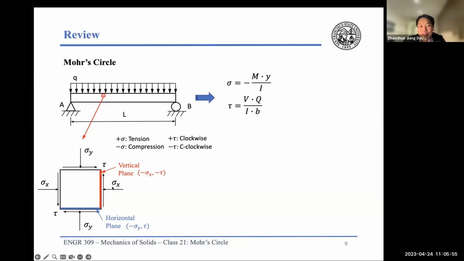If the normal stress is pointing away from the small cube, that is tension, and that is positive based on our sign convention.